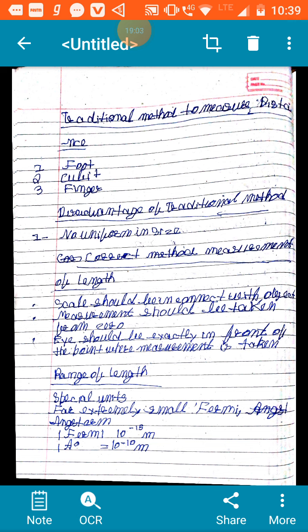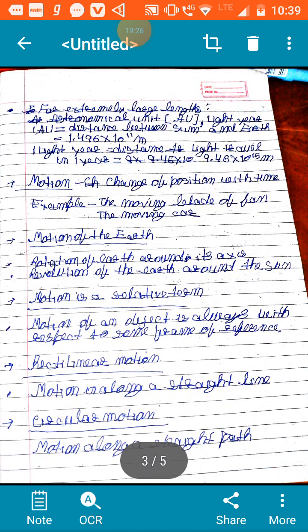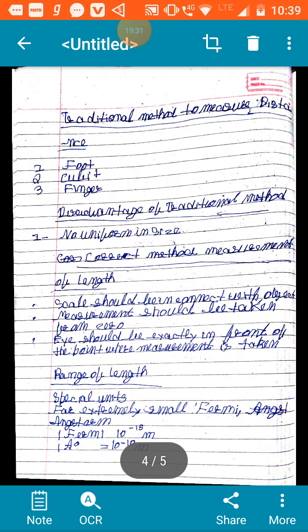Range of length. For extremely small units, we use fermi and angstrom. 1 fermi is equal to 10 to the power minus 15 meter and 1 angstrom is equal to 10 to the power minus 10 meter.